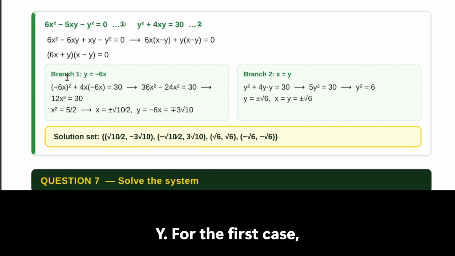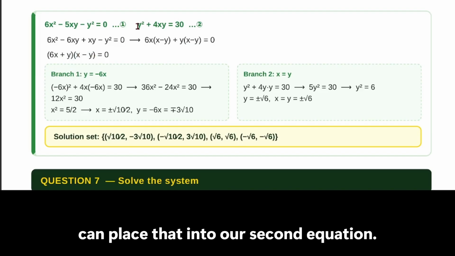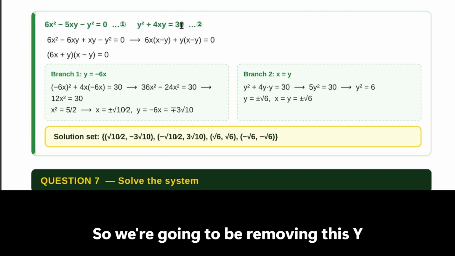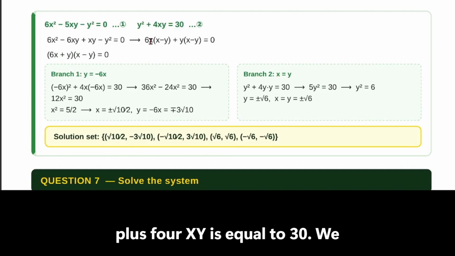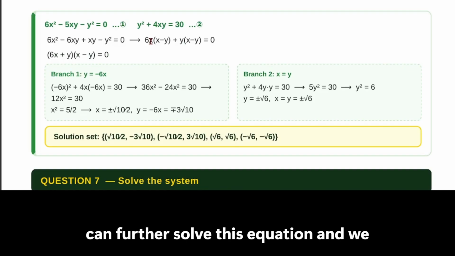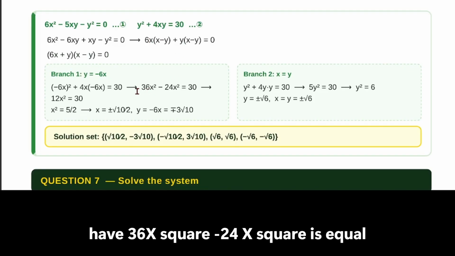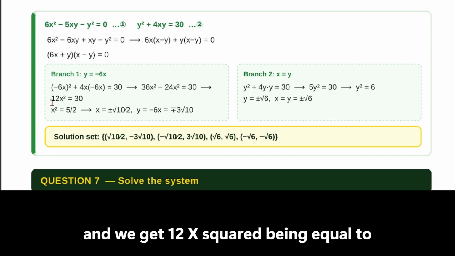For the first case, if y is equal to negative 6x, we can place that into our second equation. So we're going to be removing this y square and writing minus 6x whole square plus 4xy is equal to 30. We can further solve this equation, and we have 36x square minus 24x square is equal to 30, and we get 12x square being equal to 30.